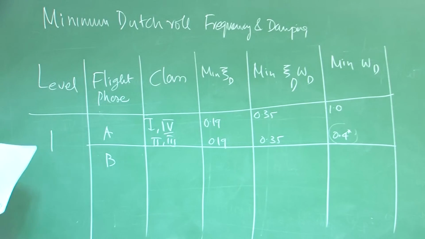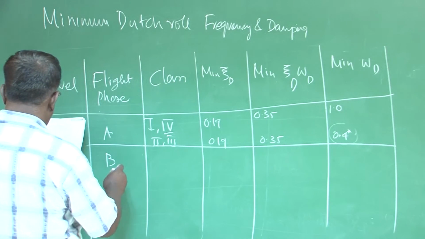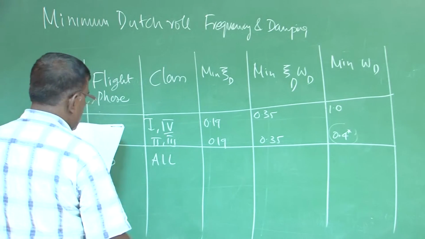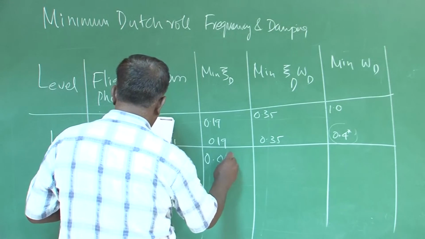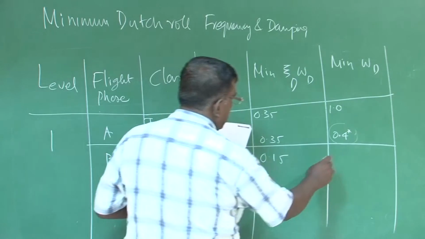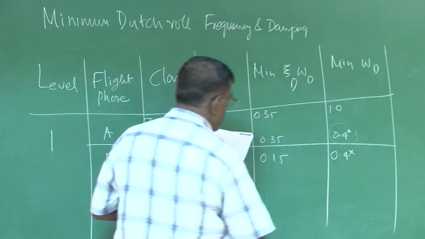For B, it is all 0.08, 0.15, and again 0.4 star.